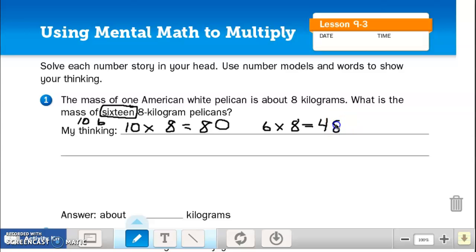Now there's different ways you can solve this problem. This is the way I chose to do it. You can do it any other way. You can solve this problem in other ways, but this is just the way I'm choosing to figure it out. To me, this is easier. So then I would say, okay, 80 plus 48. 8 plus 4 is 12.